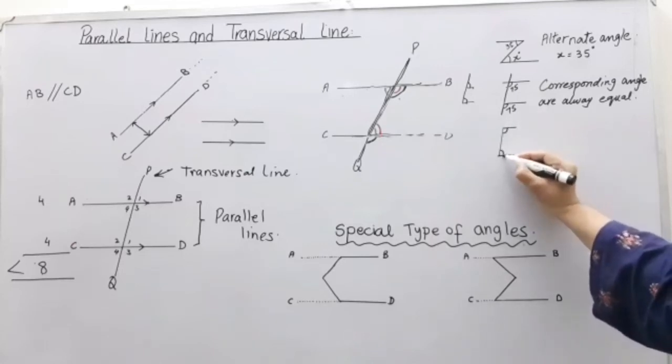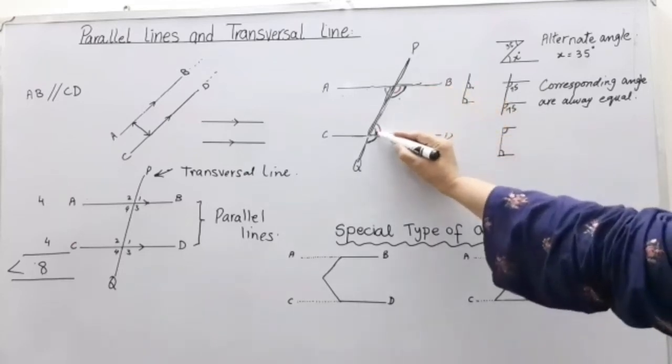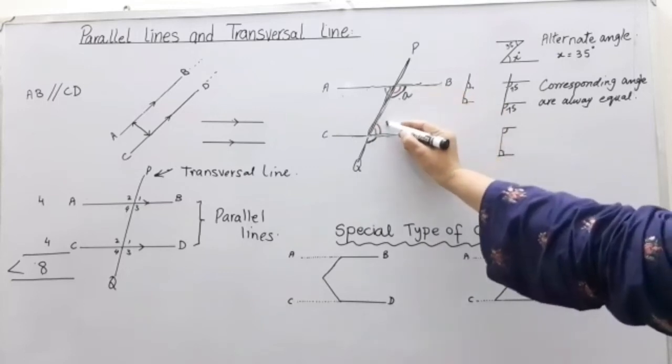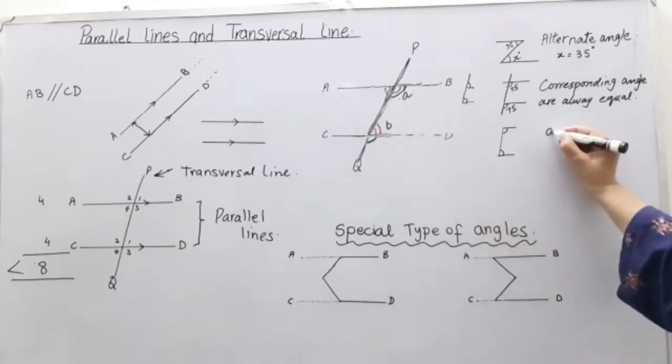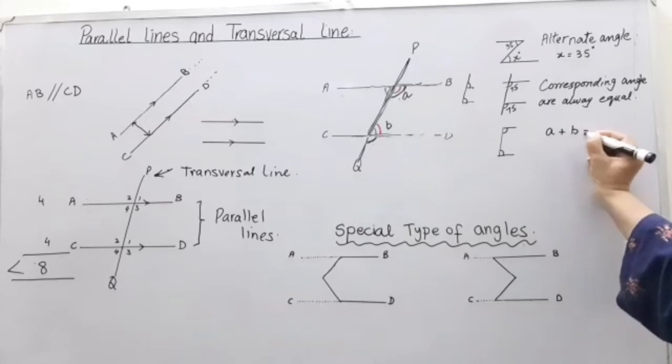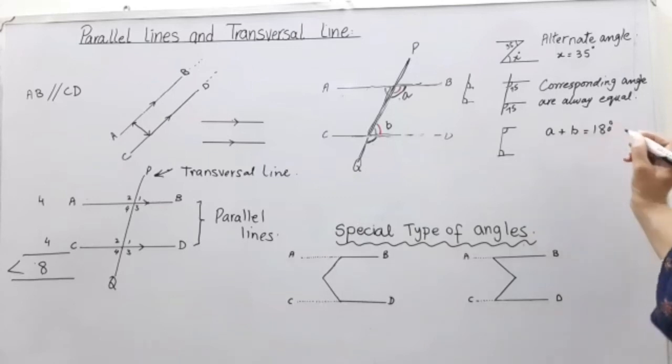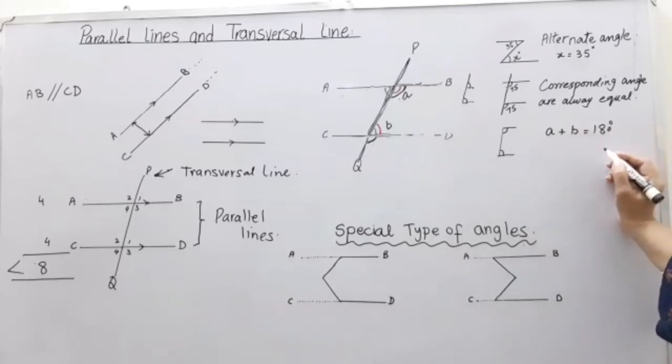This angle and this angle. If this is A and this is B, we can say A plus B is equal to 180 because the sum of interior angles is equal to 180.